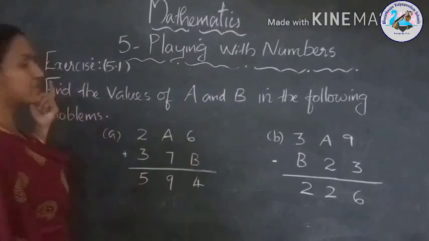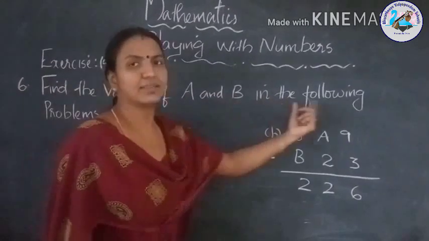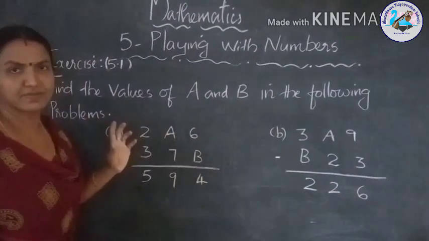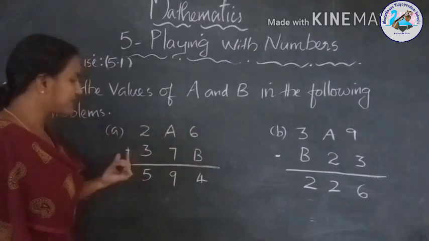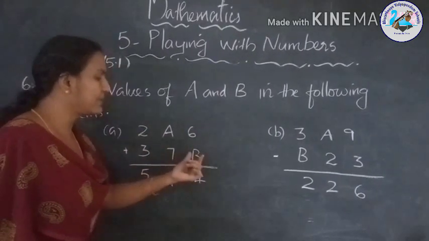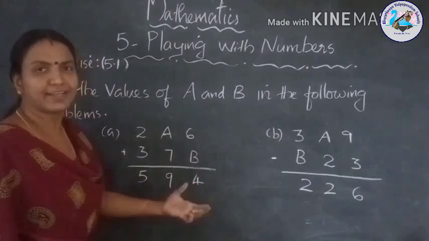The next question, question number 6. Find the values of A and B in the following problems. Option A, 2A6 plus 37B, the answer is 594.